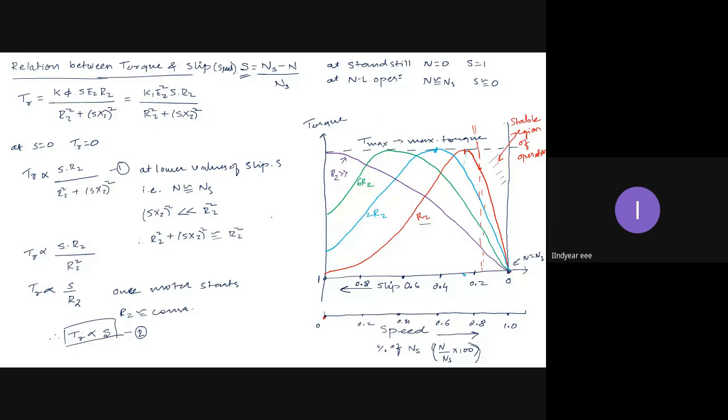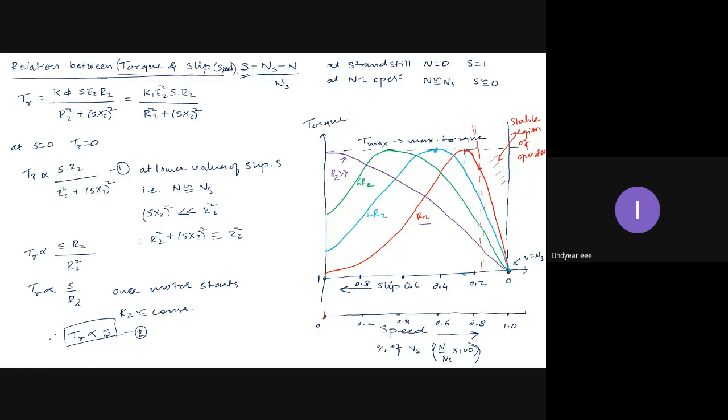So this is very, very important to remember and understand how exactly the torque is varying with respect to slip. This is one of the very important points that you should always remember throughout your electrical career, how an induction motor torque varies with slip.